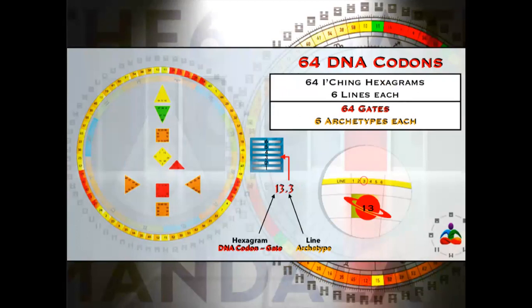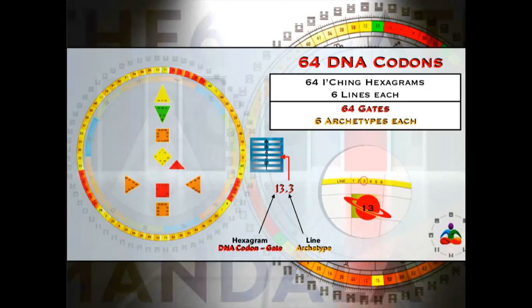Okay. Now, when we look at how this corresponds to the I Ching, it has 64 hexagrams. And a hexagram is a grouping of 6 lines. Interestingly enough, a DNA codon is a grouping of 6 amino acids.